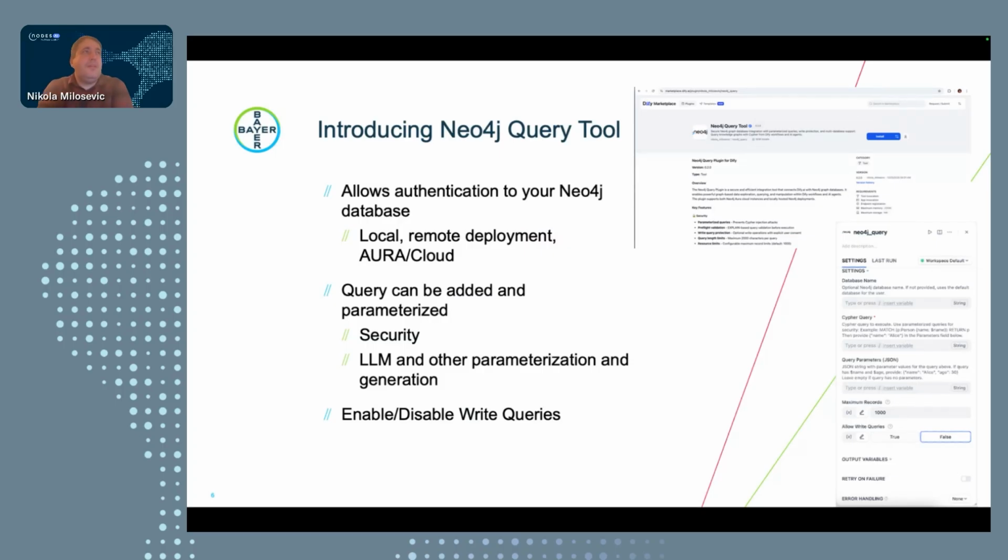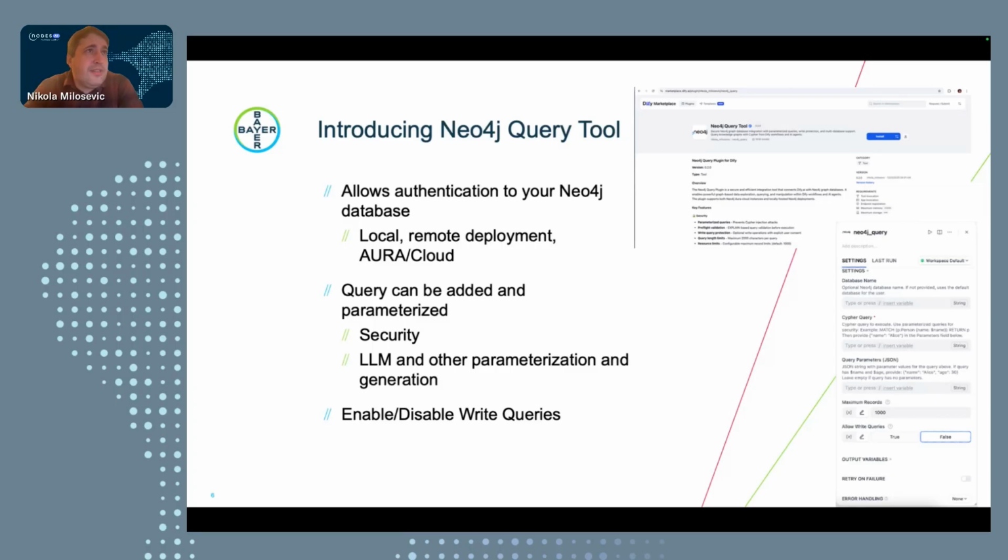So yeah, we built this Neo4j query tool, and open sourced it as well. You can find it in the Dify marketplace and just use it. There is a GitHub and so on associated with it. There will be links later. It allows authentication to your Neo4j database, whether it's local, remote deployment, Aura, cloud, anything would work.